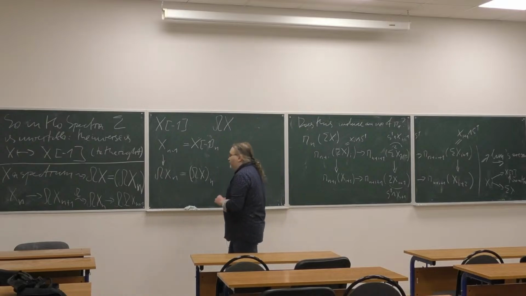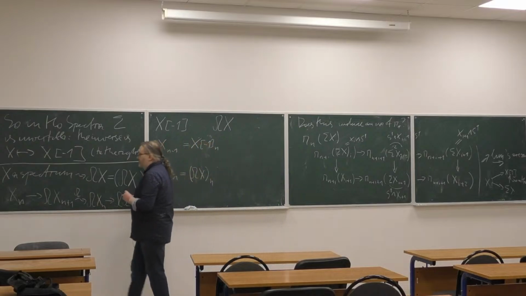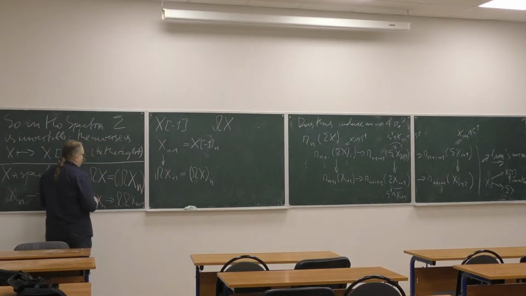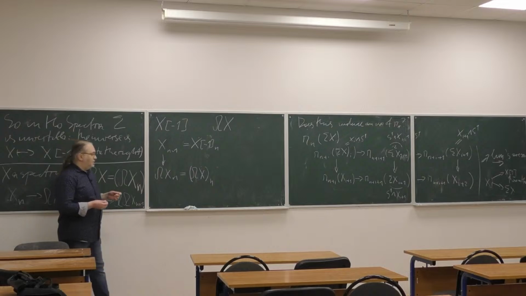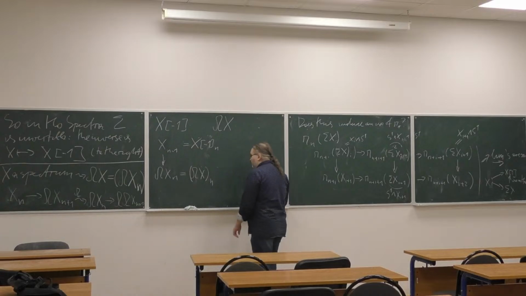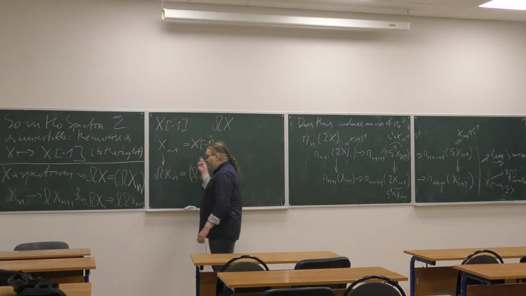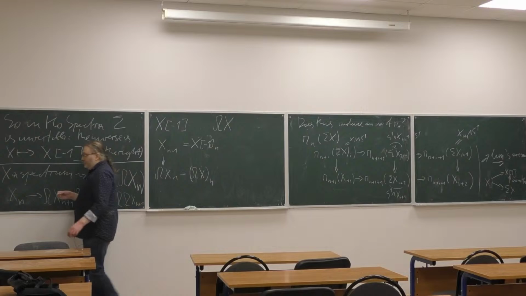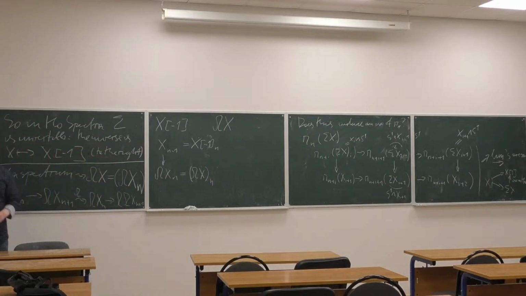Well, again, my claim is this map induces an isomorphism of the homotopy groups, and it's a natural transformation of the two functors.